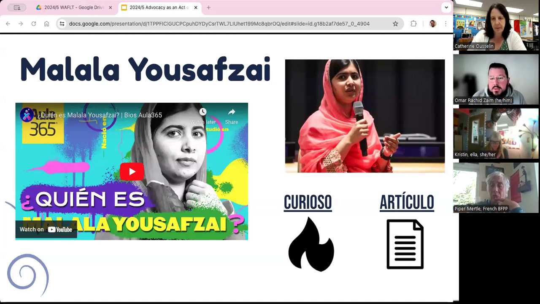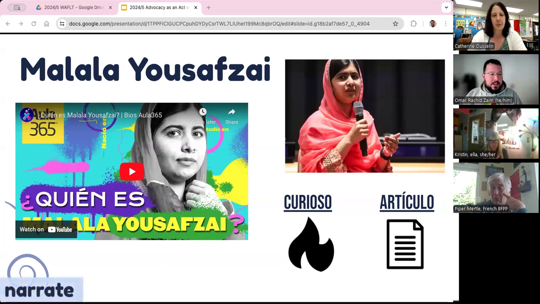It allows them to look up adjectives, and it will share a variety of ways in which you can use gender neutral language or non-binary language for different adjectives and endings when we don't have them all memorized. As we know, language is evolving. So this is what the first part looks like.